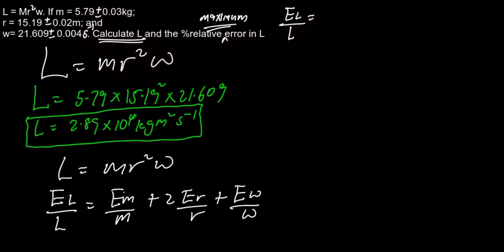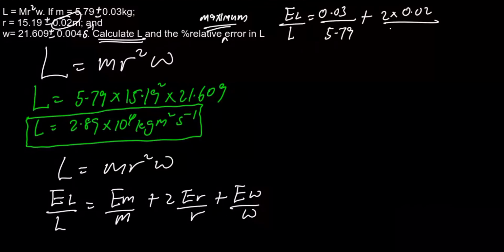What is my EM? What's the error in M you'll be given? That's 0.03 over what's M? 5.79, plus 2 multiplied by, what's the ER? 0.02, that is your error in R, this is it here.